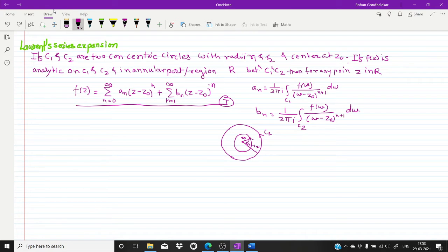Now the very important point is, in Laurent expansion the positive power part is known as the analytic part, or say regular part, whereas the negative power terms are called the principal part of the Laurent series.